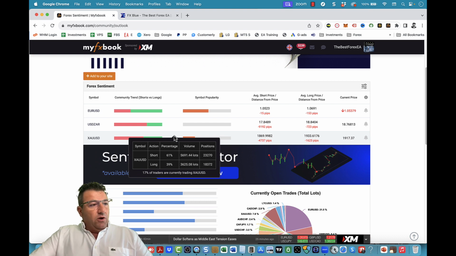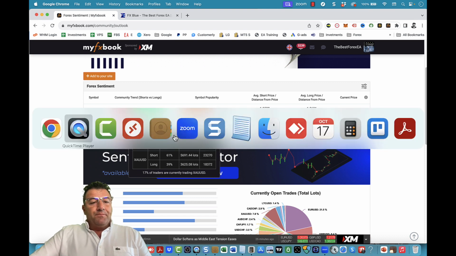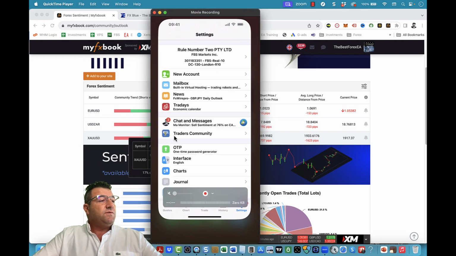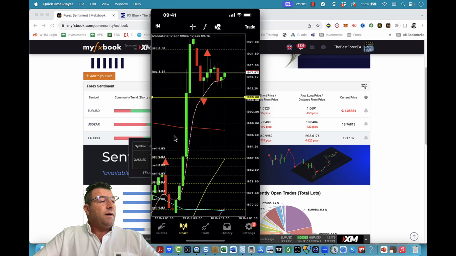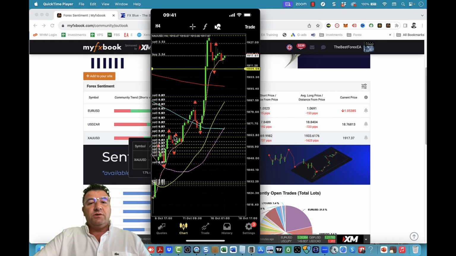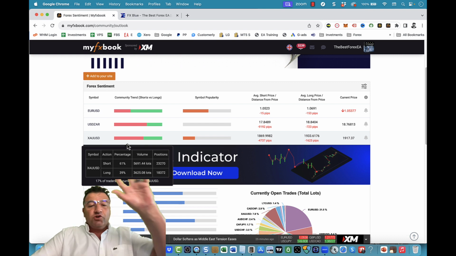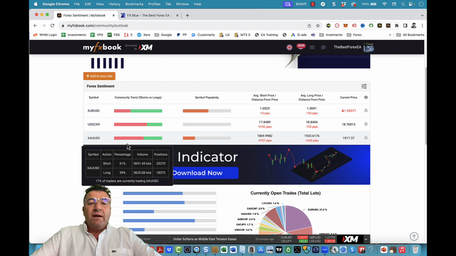If we look at the phone at the same time, this is very interesting information. So let's go to the phone and look at the chart for gold, because that's what we're discussing. As you can see, gold is very much long, and if we look at the sentiment of gold, it says that retail traders are 61% short.